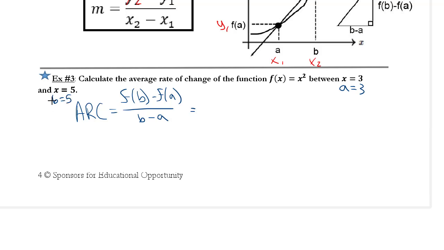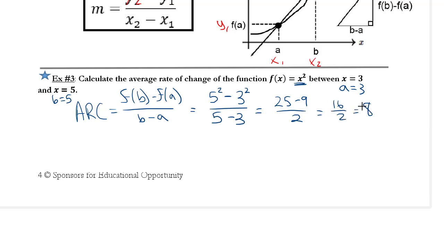That's fine. Those are the 2 points. So it's going to be 5 squared minus 3 squared, because again our function is x squared, all over 5 minus 3. And we can calculate that. That's 25 minus 9 over 2, otherwise known as 16 over 2, otherwise known as 8.